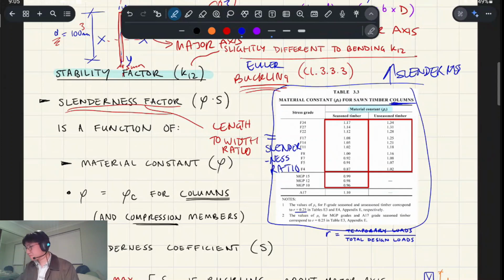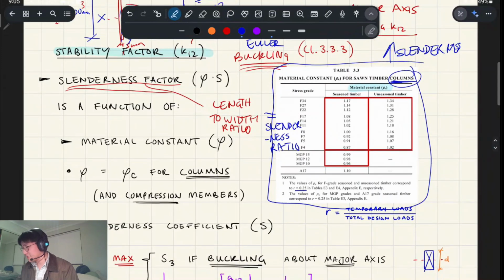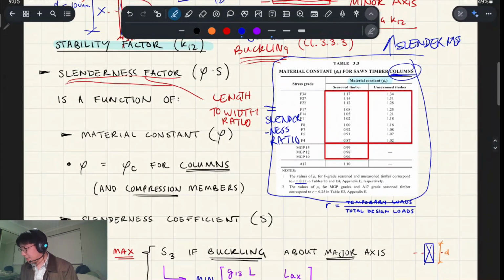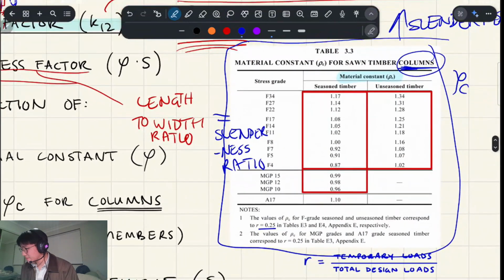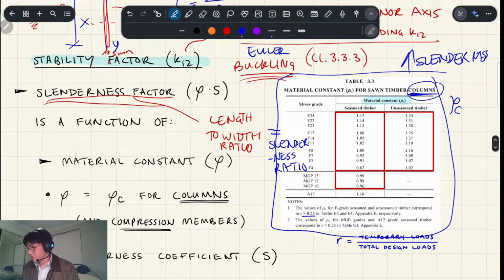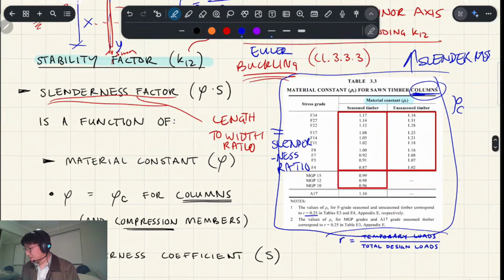Anyway, point is, when you have a member in compression, we go to this table which says sawn timber columns, right? And we have this value called rho C, the material constant, and we just find the number that we need. That's pretty much it. There is something which comes into one of the questions, which is your R value.